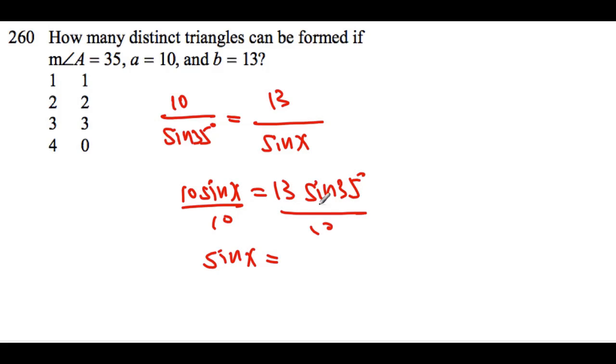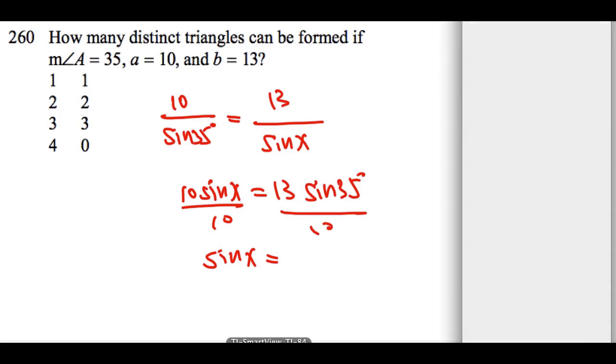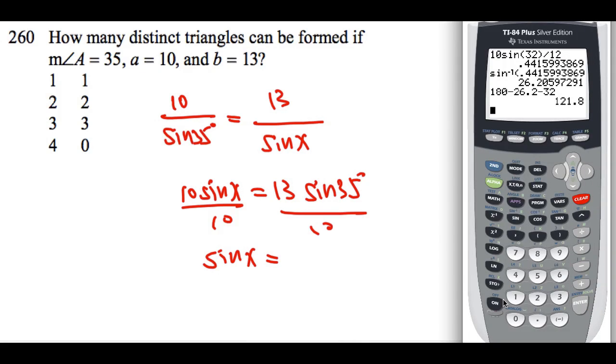Sine of x must be equal to this value, which we're going to calculate right over here: 13 sine of 35, and then we divide it by 10. So our expression is equal to this one.